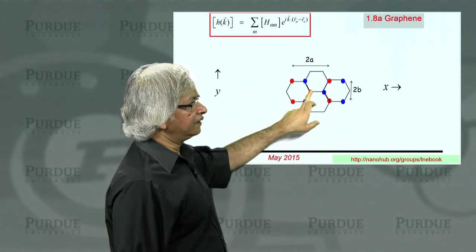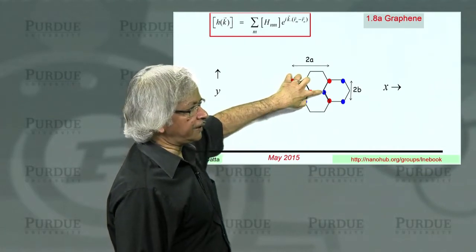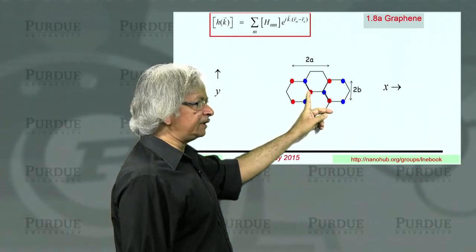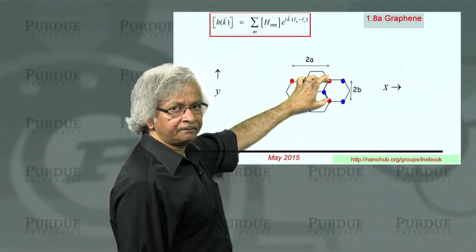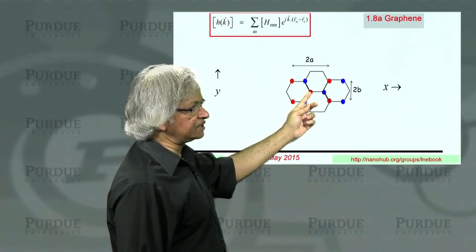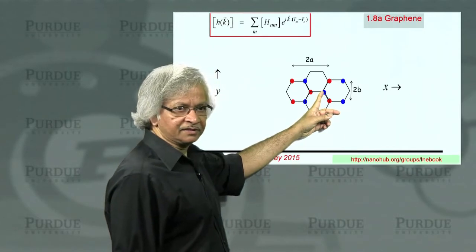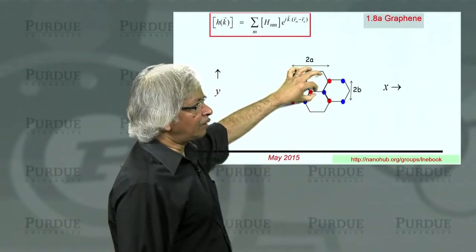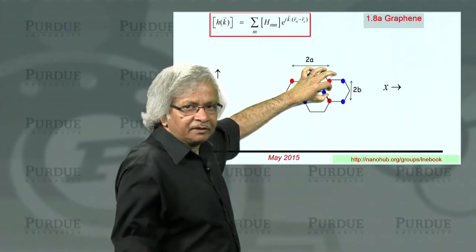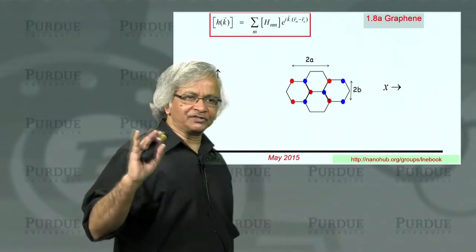If I stand here, I see 2 people on my left and 1 on my right. If I stand here, I see 1 on my left and 2 on my right. So, in that sense, the environment that this carbon atom sees is different from the environment that this carbon atom sees. And so you can't call one of these atoms a unit cell, because the next one then would be different. But unit cells, no matter where they are, should all look the same.